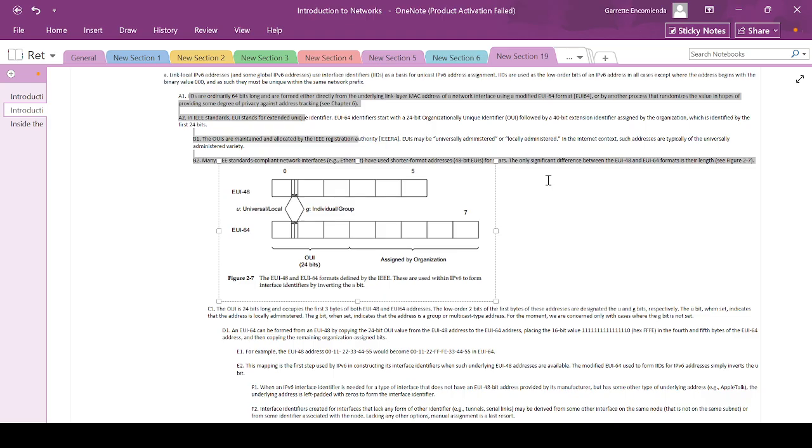So again, IIDs are ordinarily 64 bits long and are formed either directly from the underlying link layer MAC address of a network interface using a modified EUI-64 format, or by another process that randomizes the value in hopes of providing some degree of privacy against address tracking.